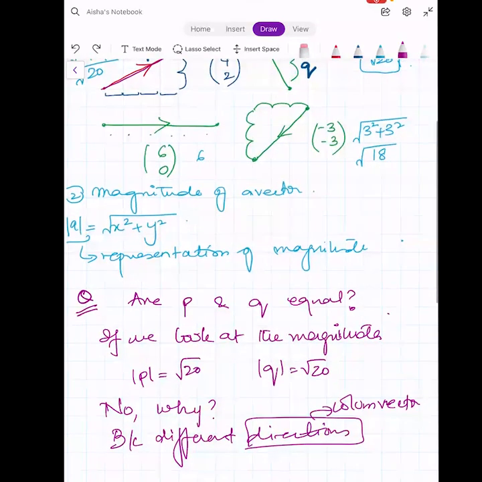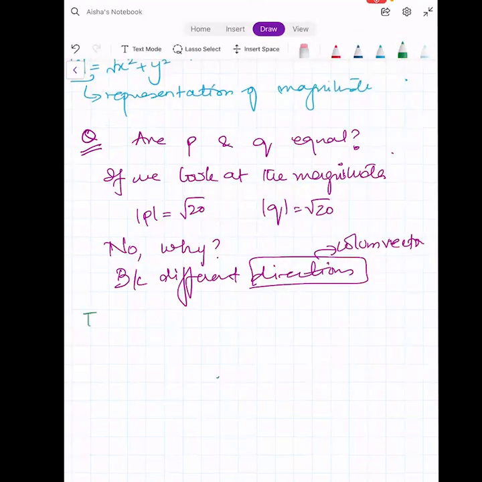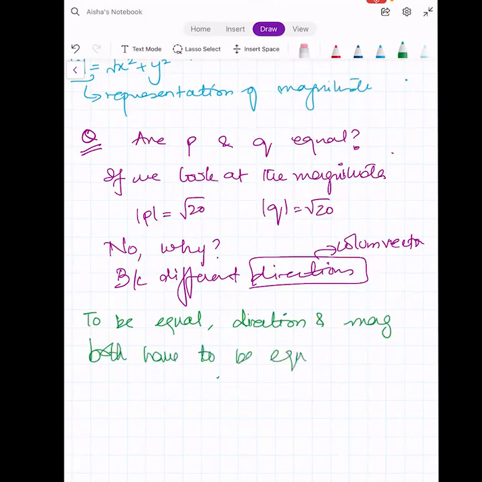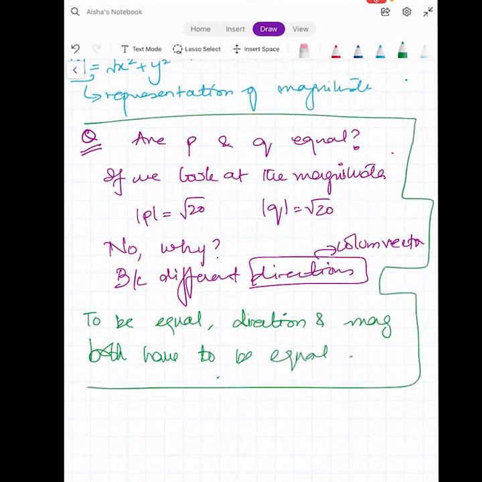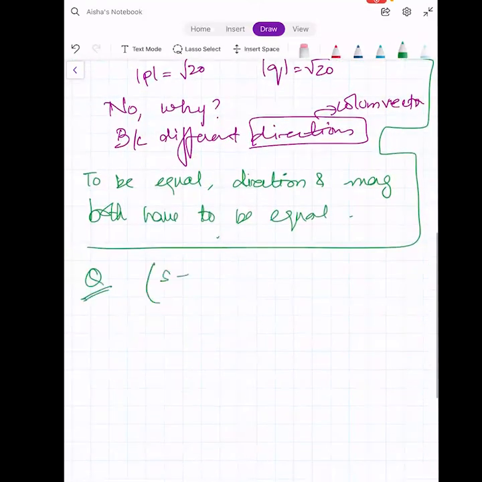So therefore, to be equal, direction and magnitude both have to be equal. This is a very, very important concept. Now, if they give it in the question themselves that s plus 5 and x is equal to minus 3 and 2 plus s.